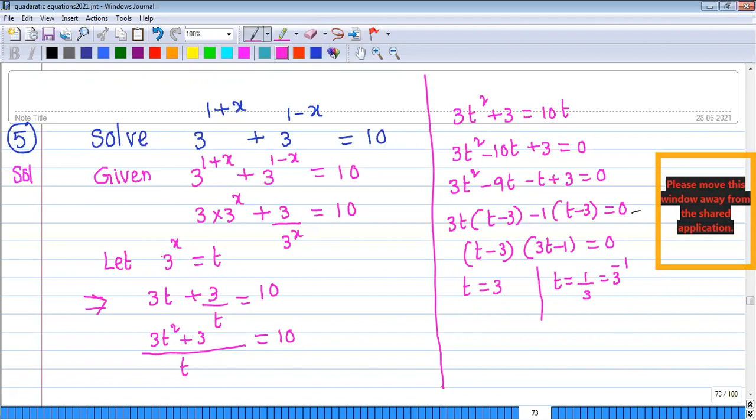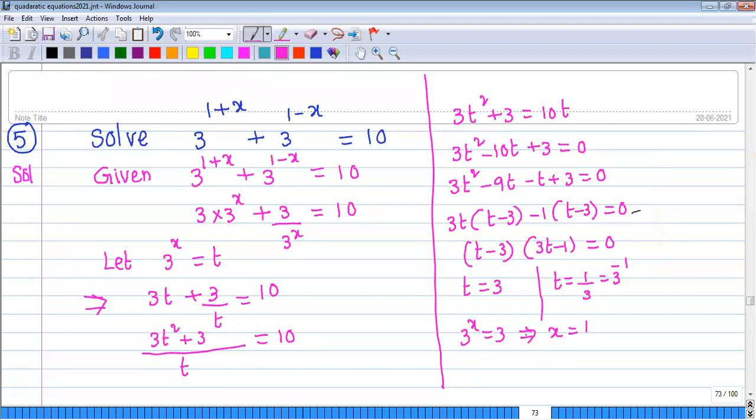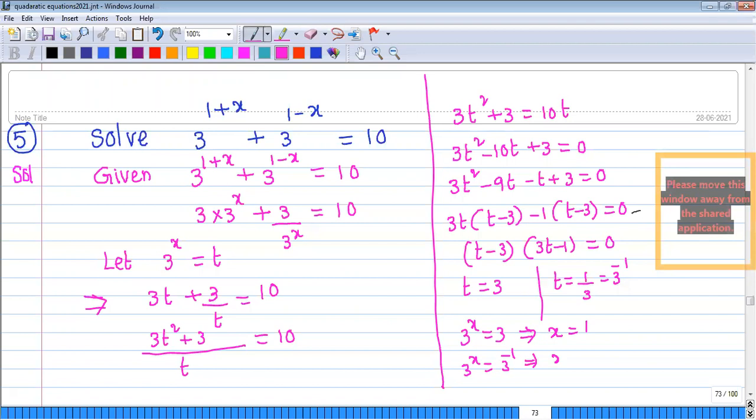But actually t is 3 power x. So we have 3 power x is equal to 3. Bases are equal, so the exponents are equated, x is equal to 1. And next, 3 power x is equal to 3 power minus 1, so x is equal to minus 1.